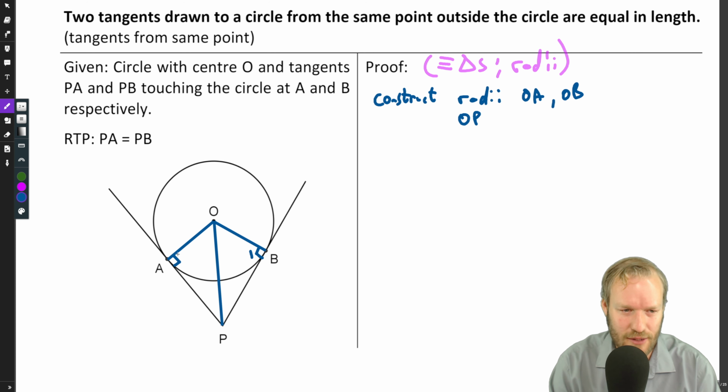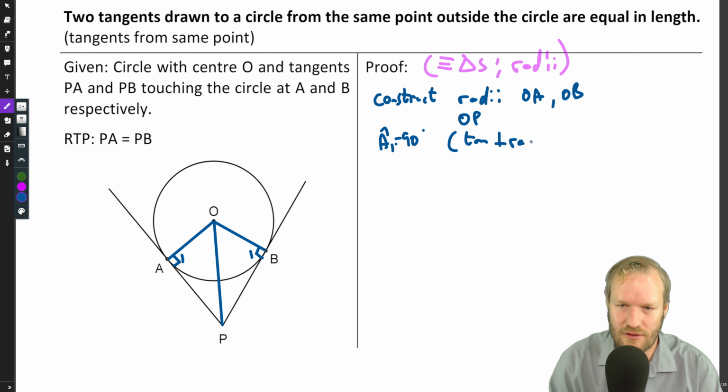I'm going to call those B1 and A1 rather than PAO and PBO respectively. So let's write that down. A1 equals 90 degrees because of tan rad. And similarly, B1 equals 90 degrees because of tan rad.